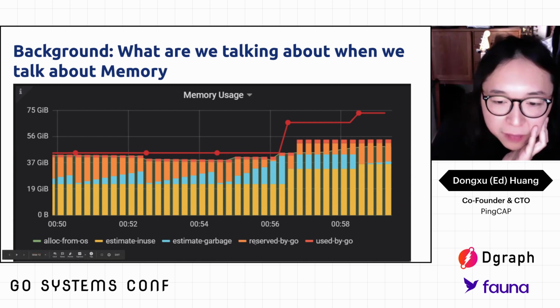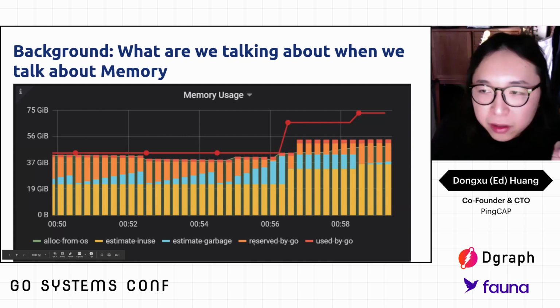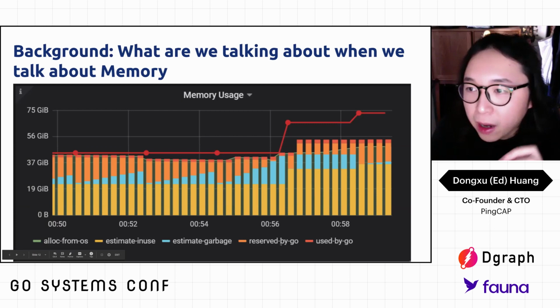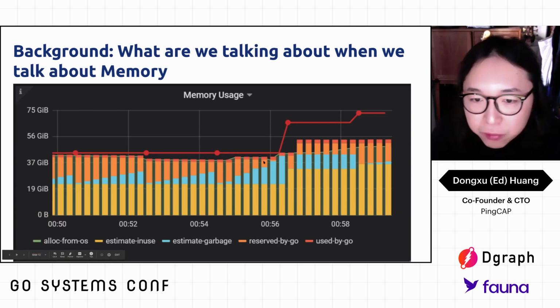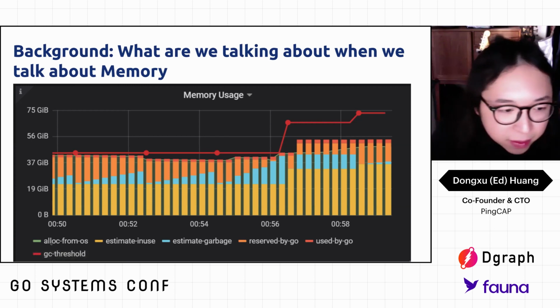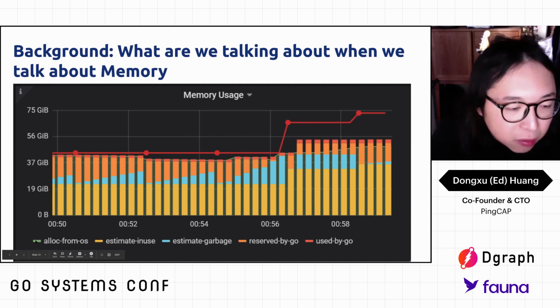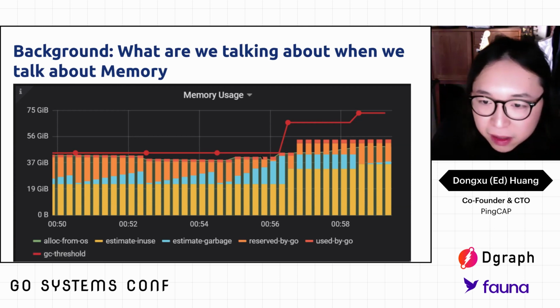The thing we should pay more attention to is the memory reserved by Go. It is the managed memory pool by Go, the orange part, as you can see, and the green line is the actual memory allocated from the OS.